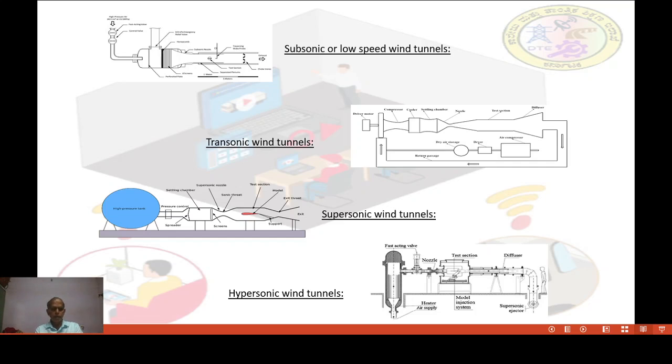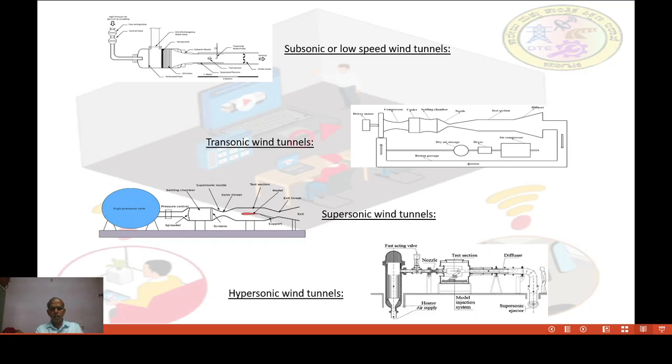Just explaining again: the maximum velocity in the test section of a transonic wind tunnel can reach the speed of sound, just equal to the speed of sound, 340 meters per second.